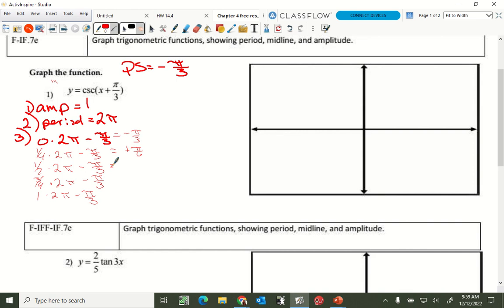Next one is going to be, is that 5 pi over 6? You got 2 pi over 3. 2 pi over 3 for the next one? Yeah, 2 pi over 3.